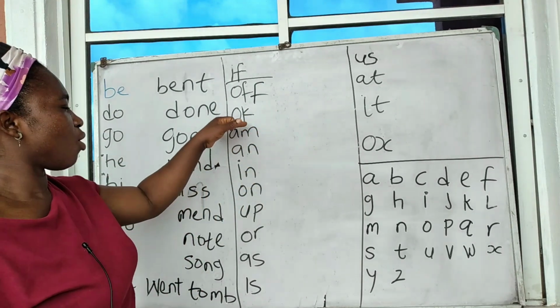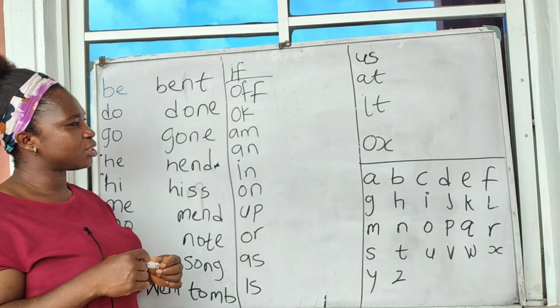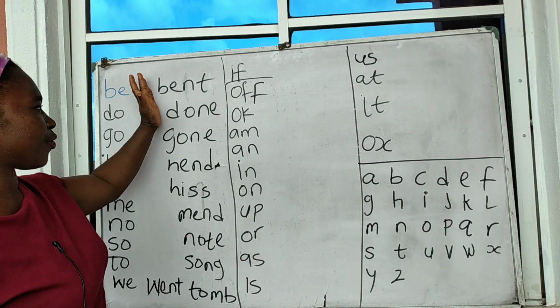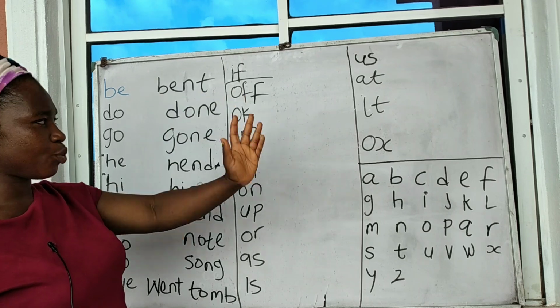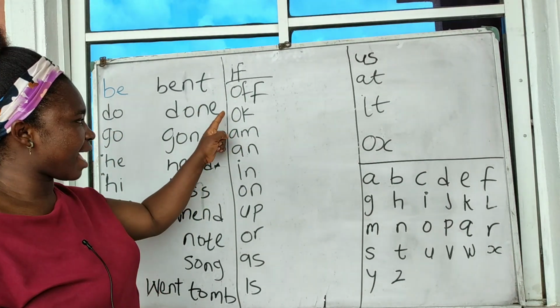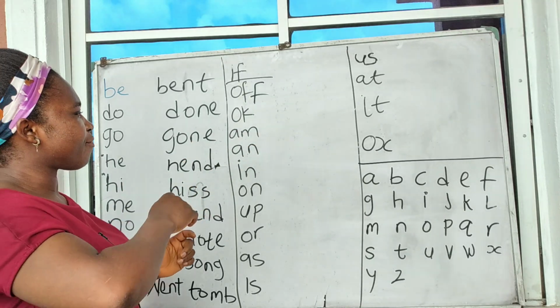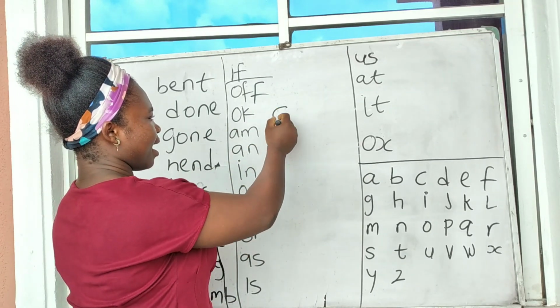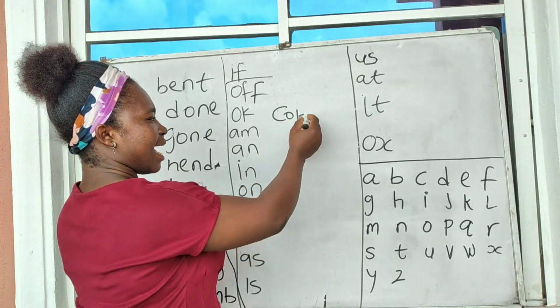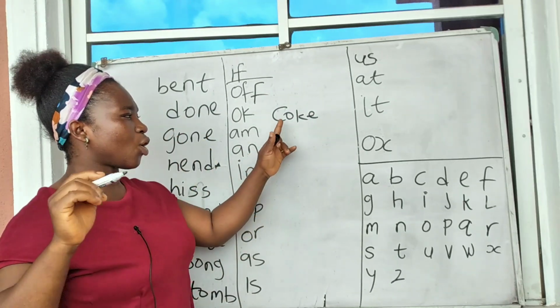Now moving to OK, what can we add to make it a 3-letter word? So far we've been doing only from here, that is, we've been going this way. Now let's try the ending and beginning part, that is here, here. Okay, so if I decide to add C here, I'm gonna have cook, and I add E, that is cook.